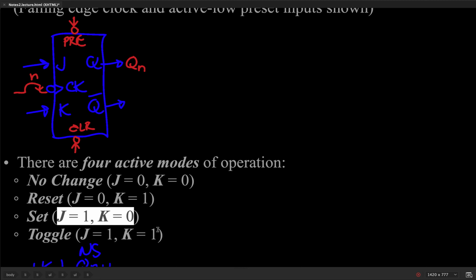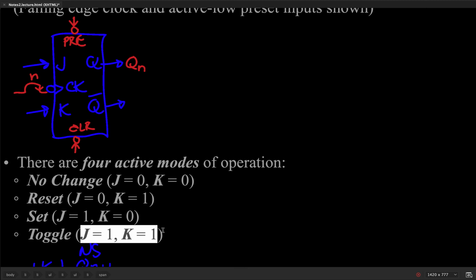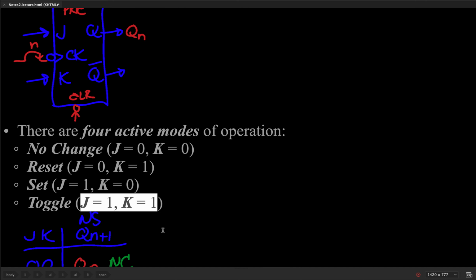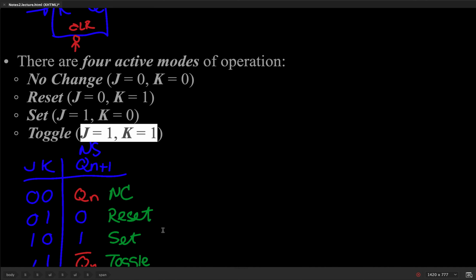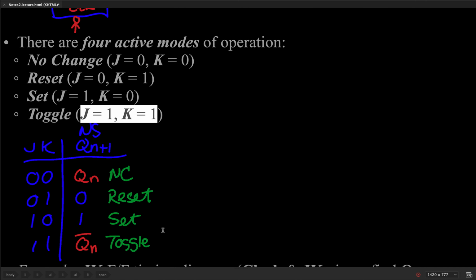To set the latch, I make J equal to 1, and I keep K at 0. Then there's one more case here called toggle. If I make both of them high, then I have to define something. The way it's been designed is that the output will invert itself, as it shows on this table. Here's a plot of J and K and the next state versus the present state.